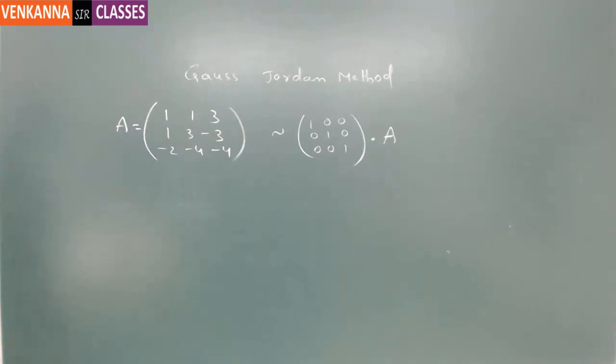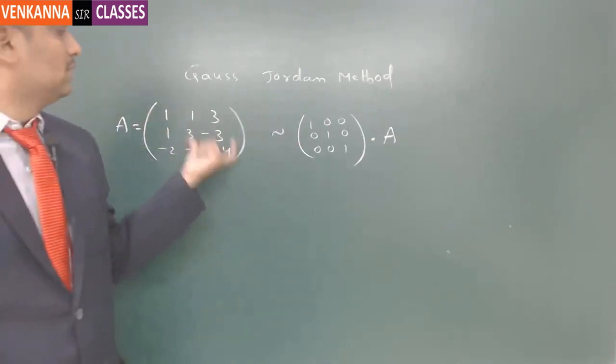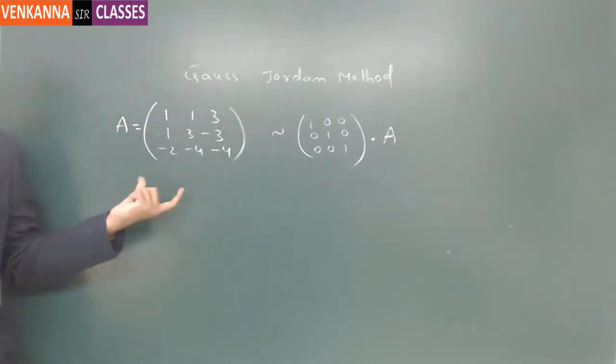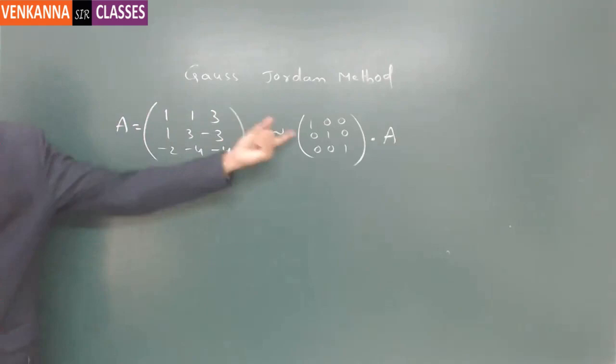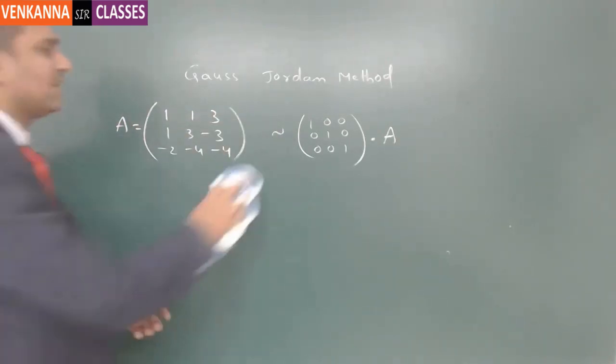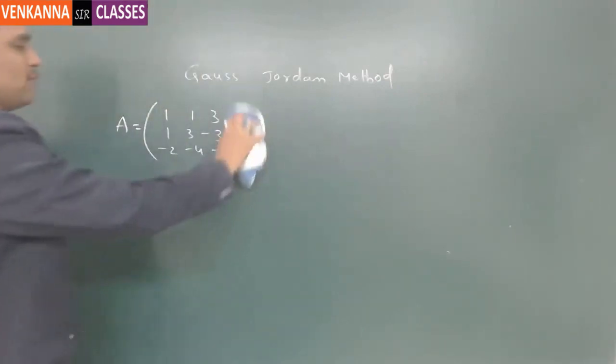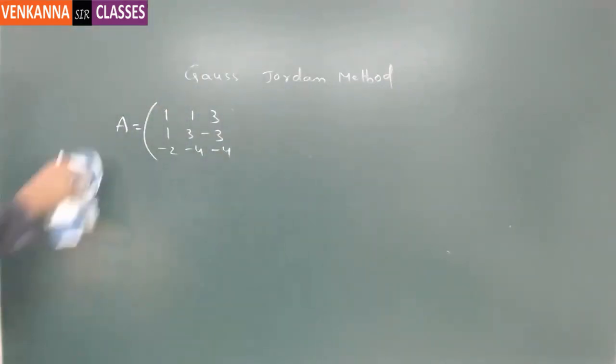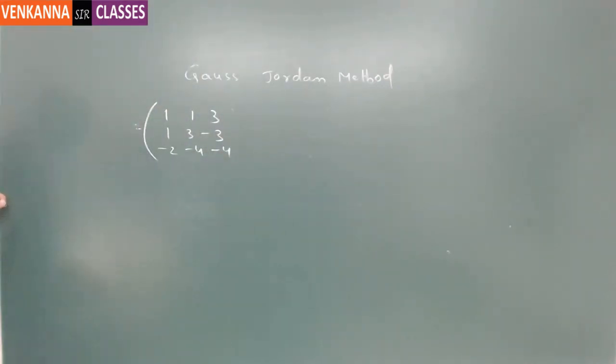So I will apply exclusively row operations on this, so that the given matrix will be reduced in the form of identity. I will get a new matrix here. So for convenience, without having any ambiguity, I am going to consider the augmented matrix for applying the Gauss-Jordan method.